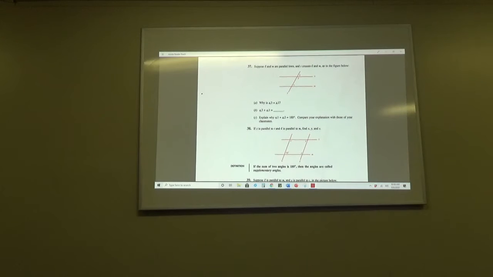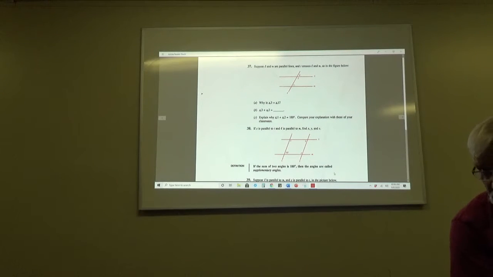If you want to take some notes, and if you worked through the book like you were supposed to, this is problem number 37. It says, suppose L and M are parallel lines and T crosses L and M in a figure like this. Now, what is line T called?